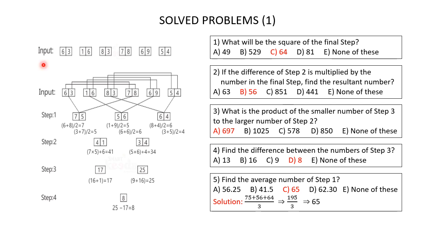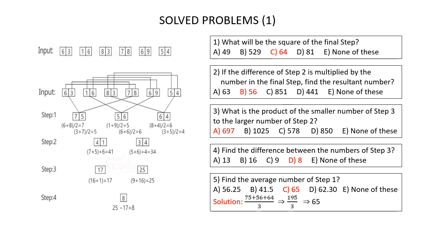This is the given input, which consists of 6 numbers. Each of the numbers in this input are written within a box, and each number is split into its respective digits.